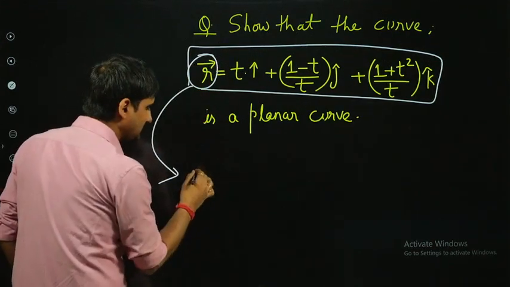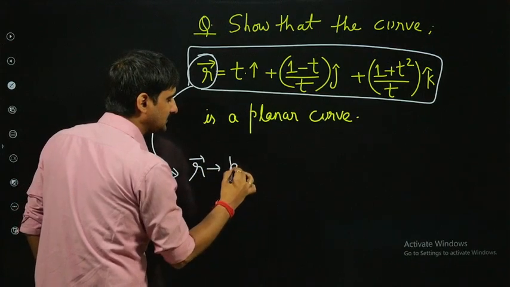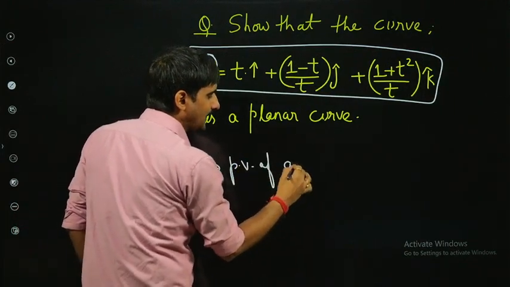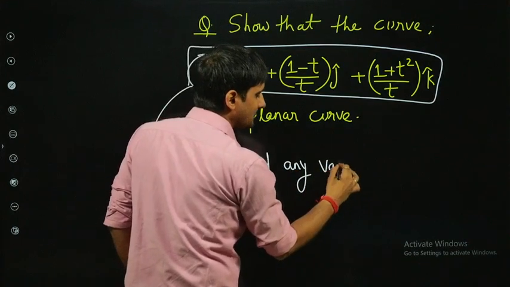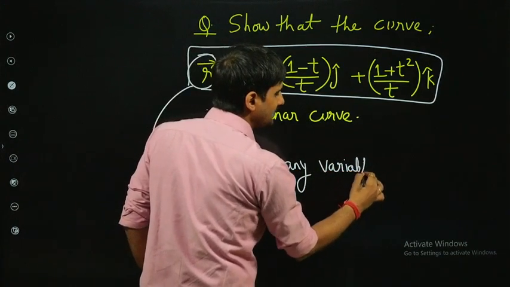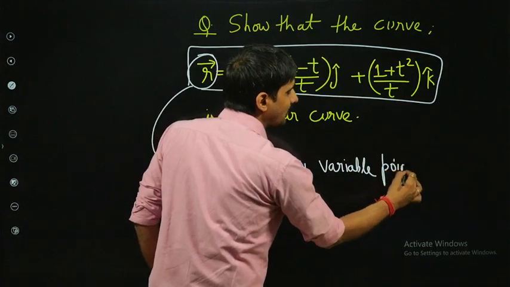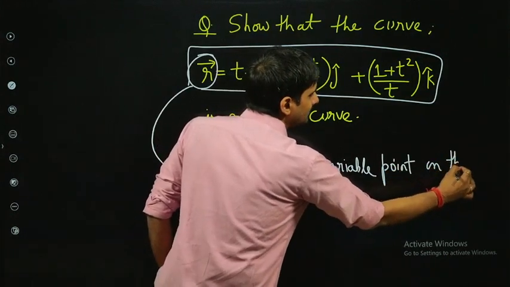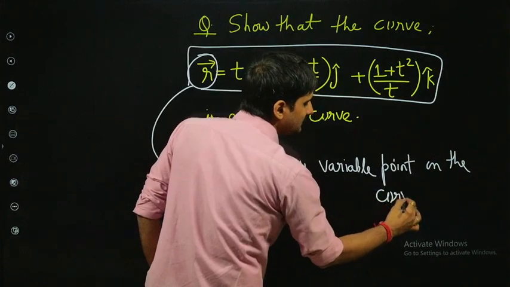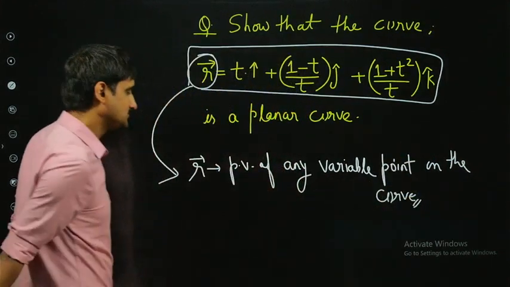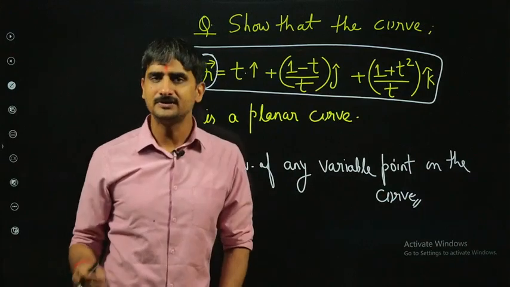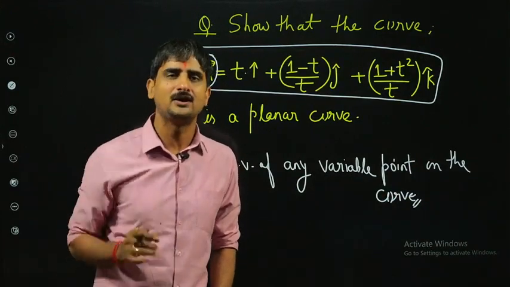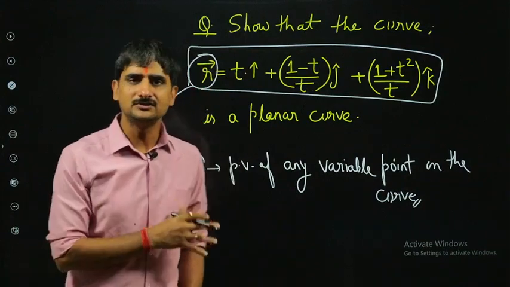Vector r actually represents the position vector of any variable point on that curve, whose equation we have written in terms of vector r, bachcho.